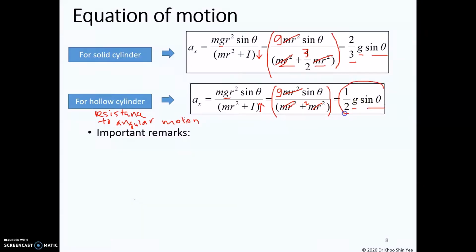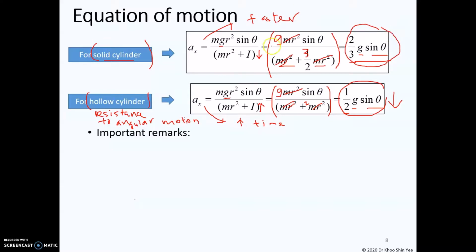Since the acceleration for the hollow cylinder here is much lower compared to the solid cylinder here, it takes longer time for the hollow cylinder to reach the ground, and the solid cylinder will reach the ground faster because the acceleration is higher.